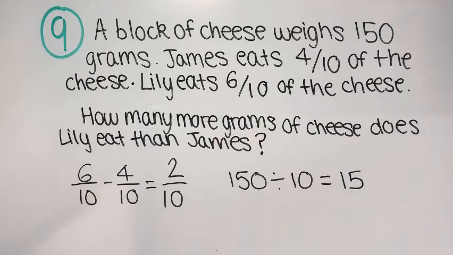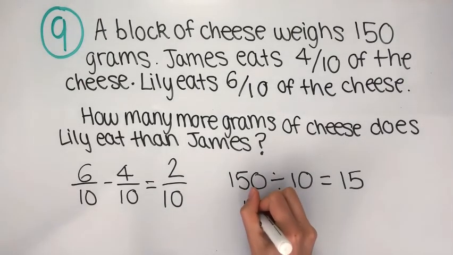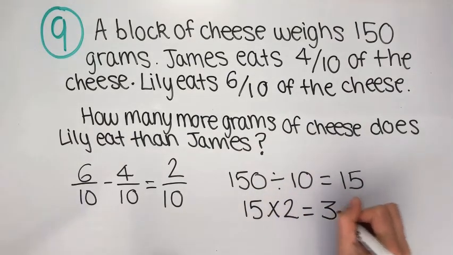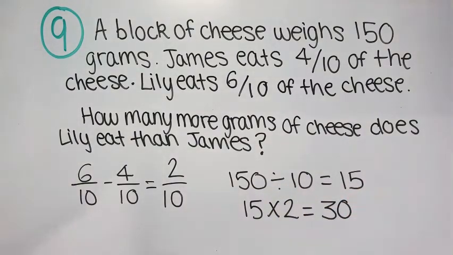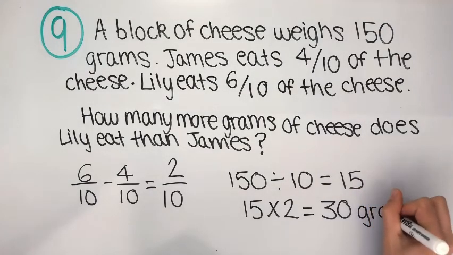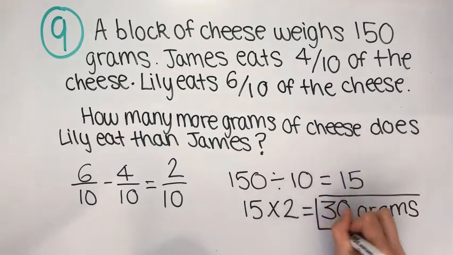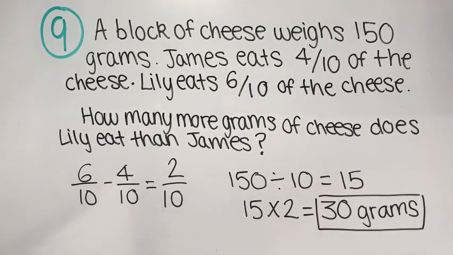Now to work out how many more grams of cheese Lily eats, we're going to do 15 times by 2. 15 times by 2 equals 30. Lily has eaten 30 more grams than James. And that's our answer.